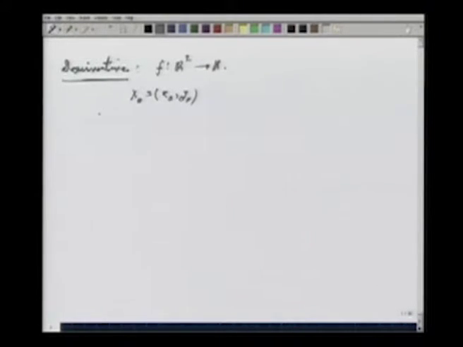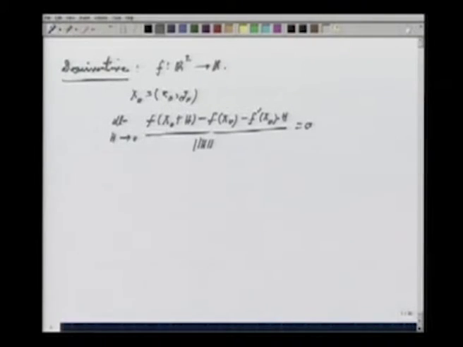We say f is differentiable at x naught if this limit, h going to 0, of f of x naught plus h minus f of x naught minus f prime at x naught dot h, multiplied by 1 by norm h, is equal to 0.